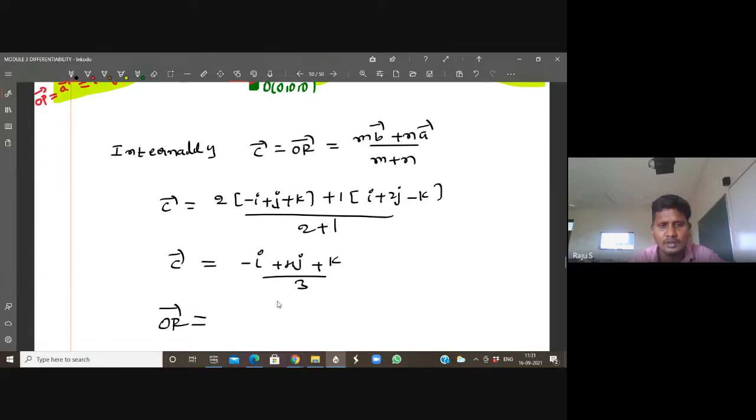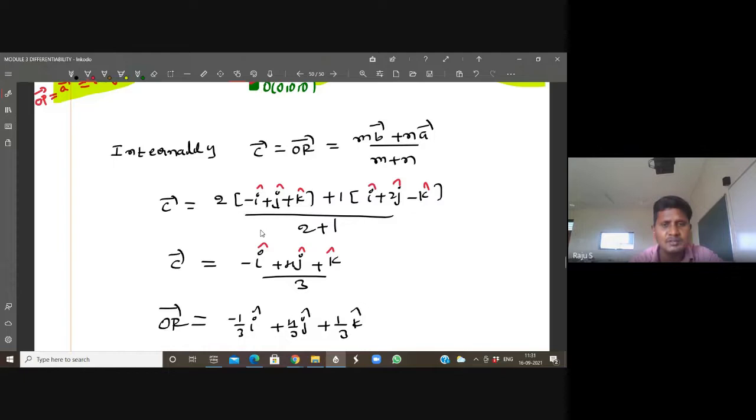The vector OR is equal to, it's better you write it separately, minus 1 by 3 into i cap plus 4 by 3 into j cap plus 1 by 3 into k cap. See students, in the exam always write i cap, j cap, k cap. You should not write simply i, j, k. Actually that is wrong.